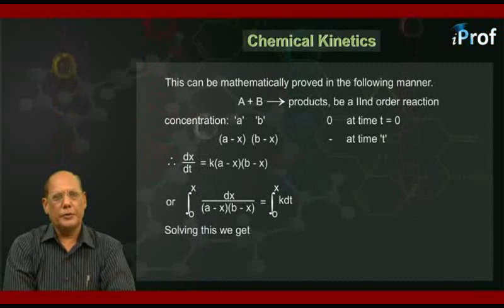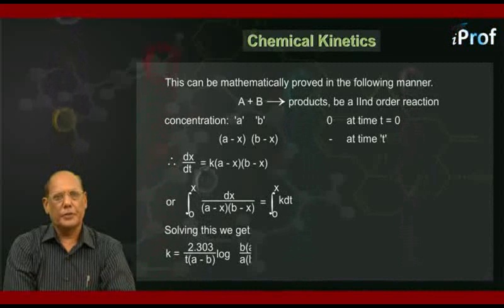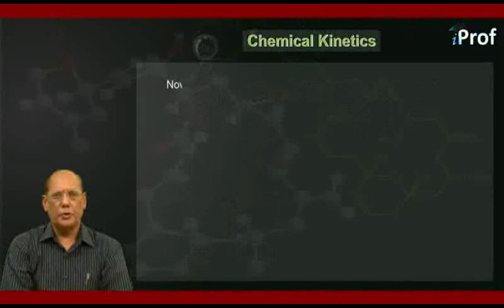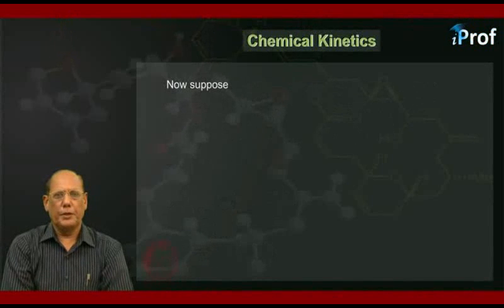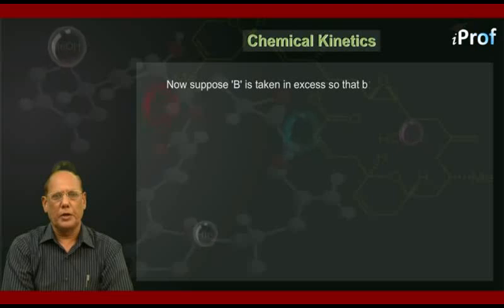Solving this we get K equal to 2.303 upon T into A minus B log of B into A minus X divided by A into B minus X. Now suppose B is taken in excess so that concentration B is much larger than concentration A.